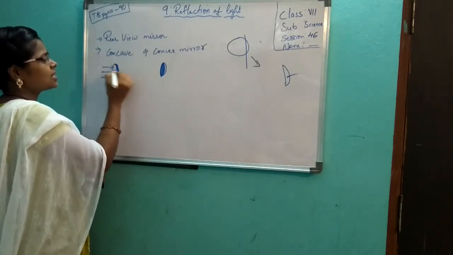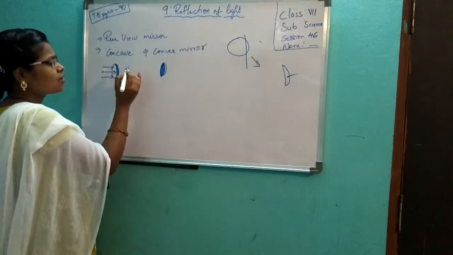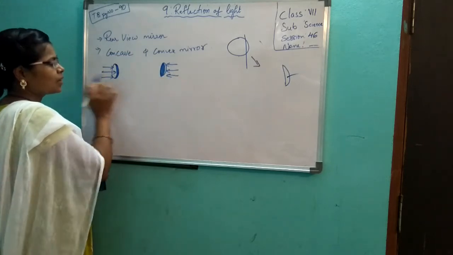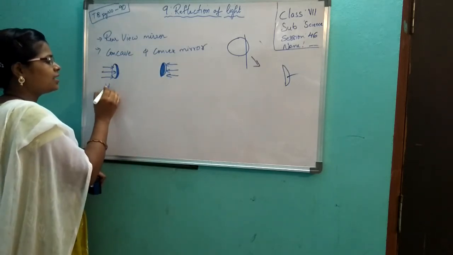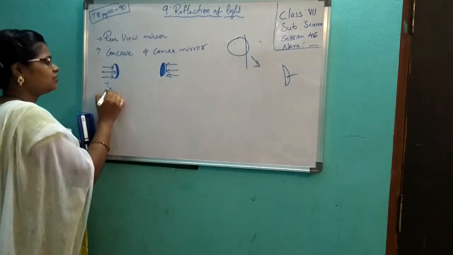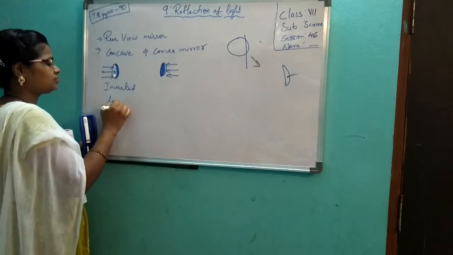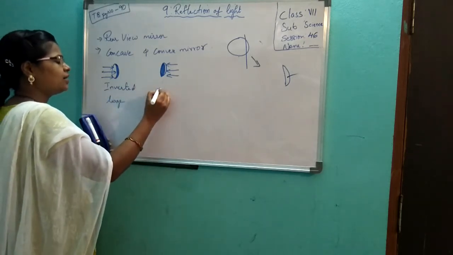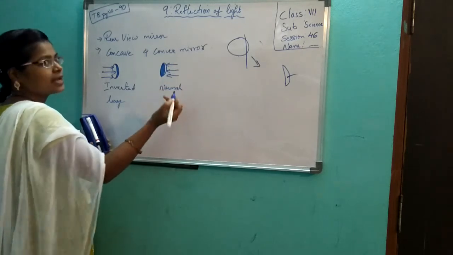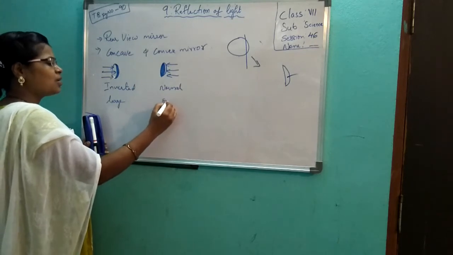This is convex, this side you can see. When you look here, you will get an inverted and large image. Here you will get a normal image. If you want, take a new spoon and try. This is small.